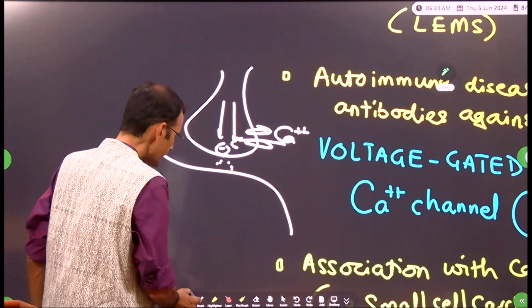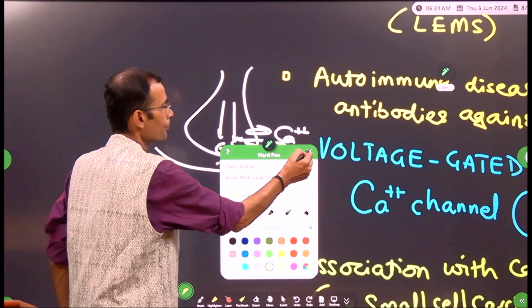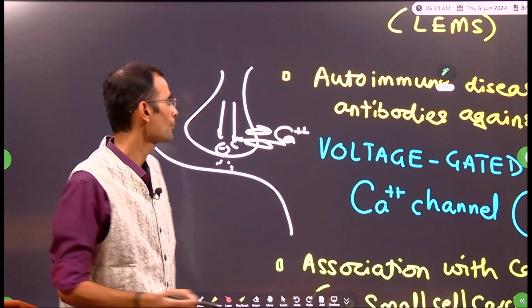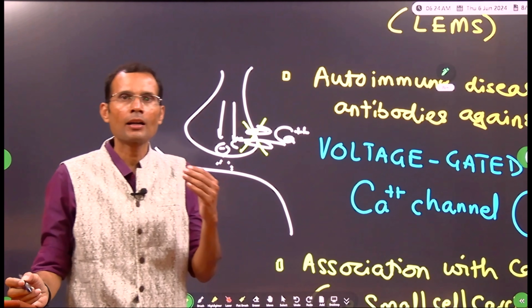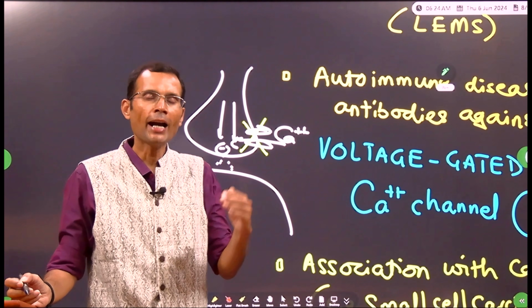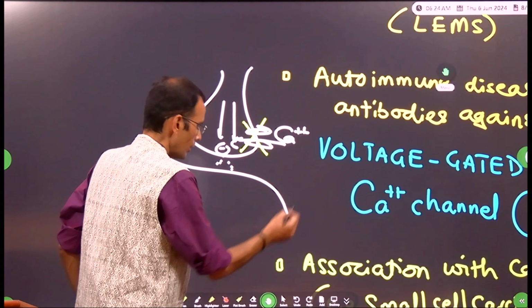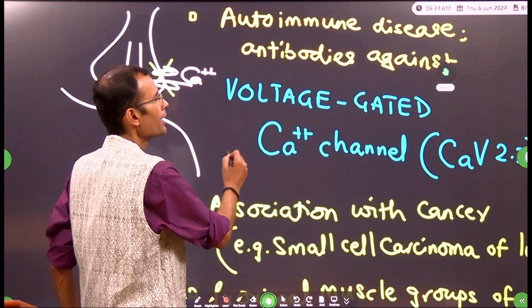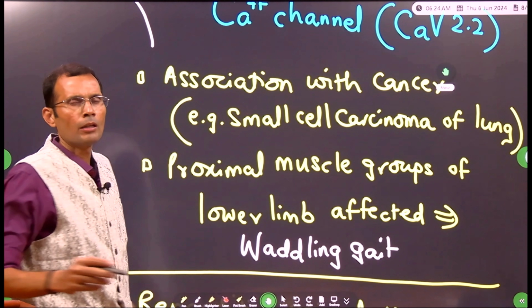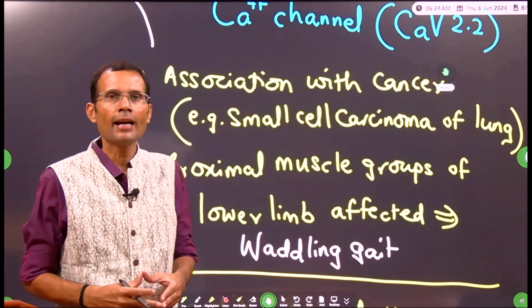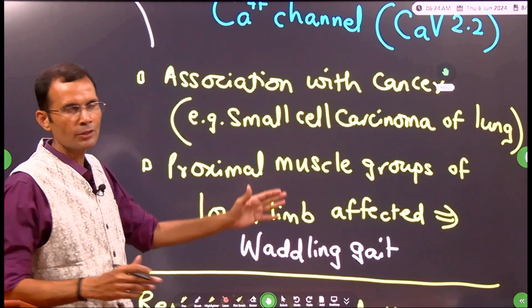But now in the disease LEMS, the Lambert Eaton disease, many of these voltage gated calcium channels are destroyed due to the antibodies. In an autoimmune fashion, these antibodies are developed against the calcium channel. The other thing that has been observed is that there is a strong association with cancers.